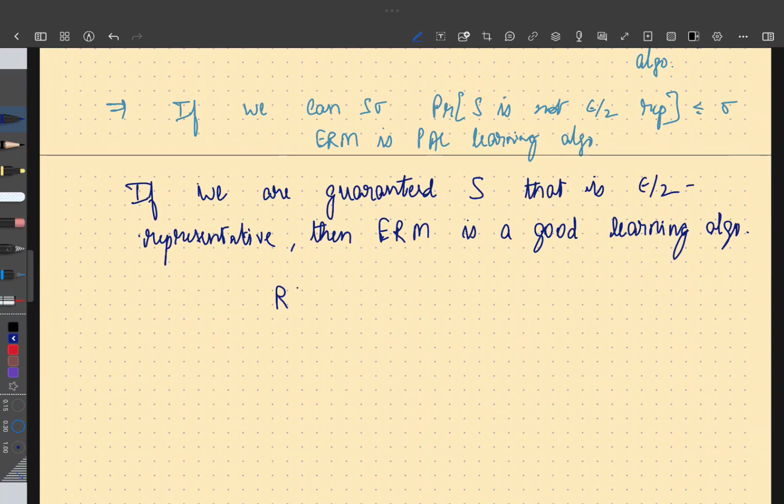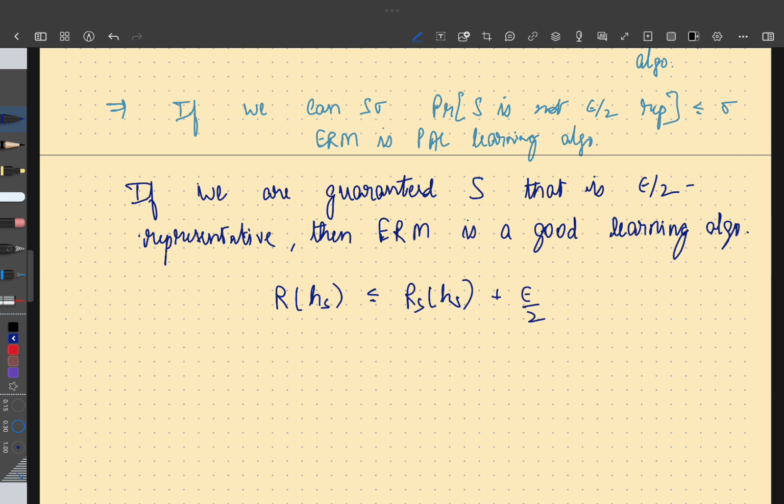Right? You know that if S is epsilon by 2 representative, then R of Hs is at most Rs of Hs plus epsilon by 2. Correct? Great. Which now Rs of Hs is what?